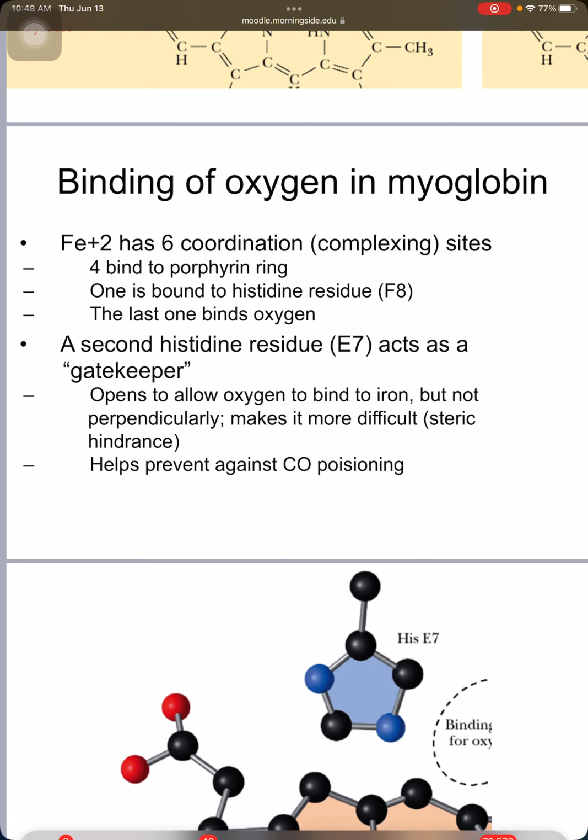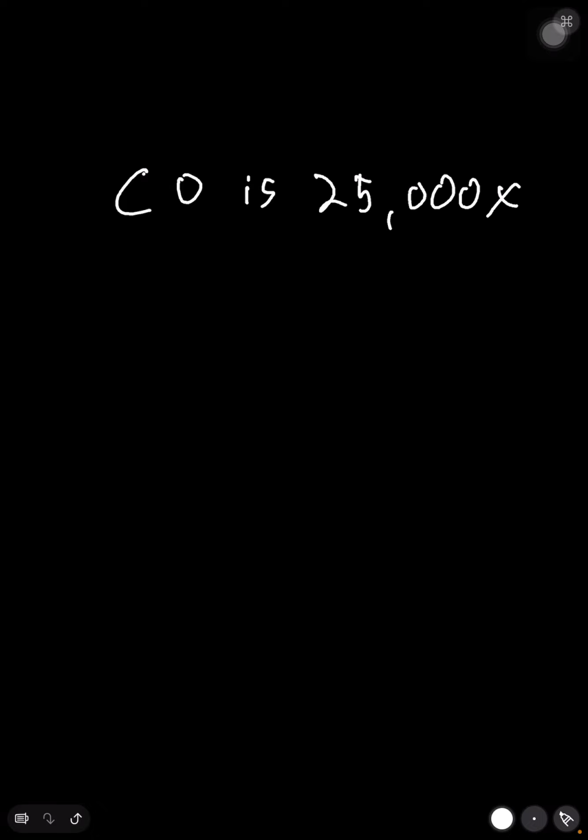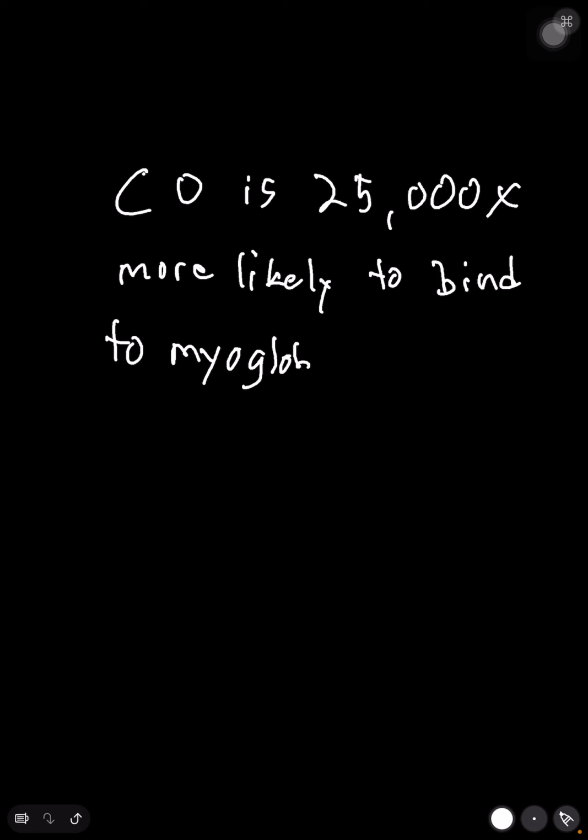In fact, on a normal 1-to-1 basis, carbon monoxide is 25,000 times more likely to bind to your hemoglobin, myoglobin, than O2.